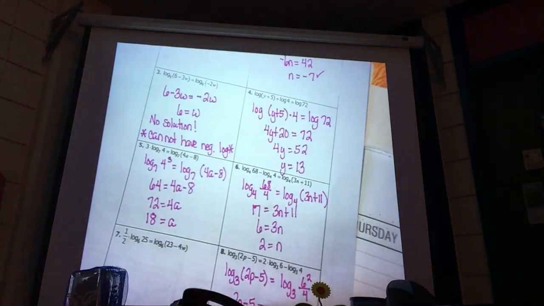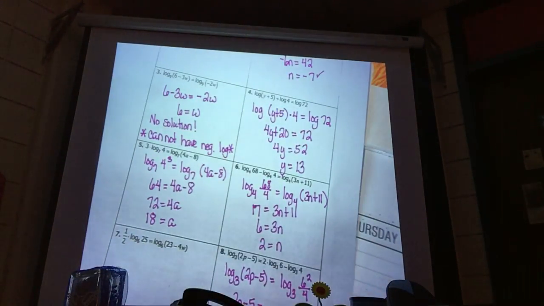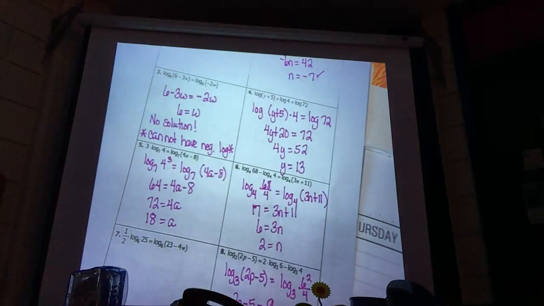2p subtract 5. What is that equal to? 9. Please pay attention. I mean, you're worried about forgetting stuff after Thursday. We got to get to Thursday.